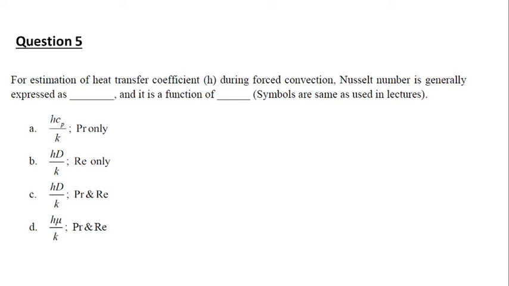So here the symbols are: H is the heat transfer coefficient, K is thermal conductivity, Cp is heat capacity, Pr and Re are the Prandtl number and Reynolds number, and mu is the kinematic viscosity. So what will be the formula for Nusselt number?